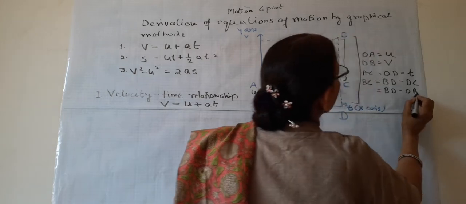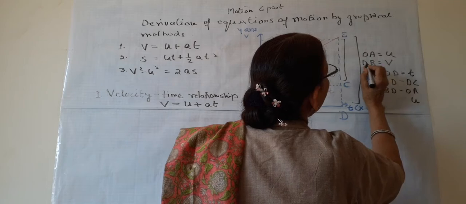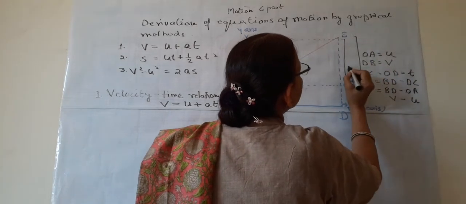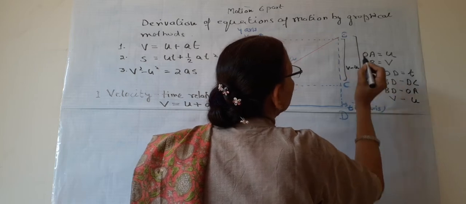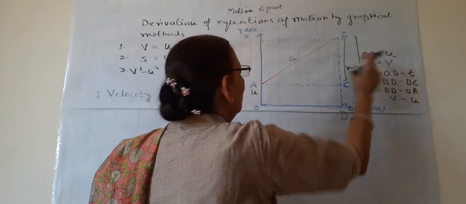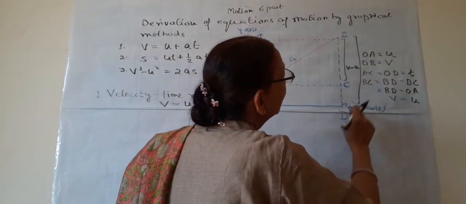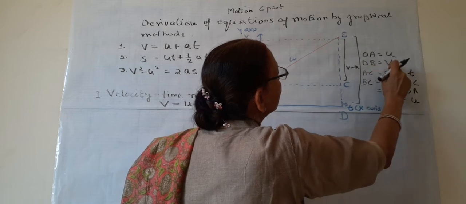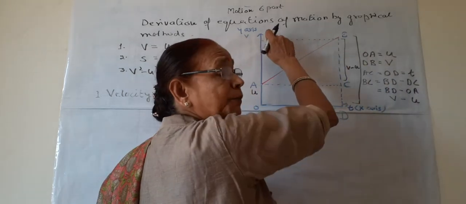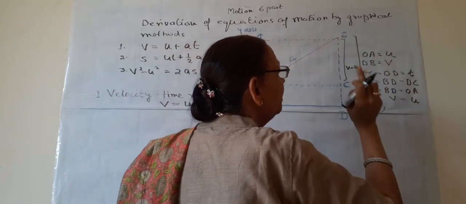Now we know this OA is u, this BD or DB is v, so this BC is now v minus u. Are you following this? BD is the final velocity from the origin up to point B. This is the final velocity, so it should be v.